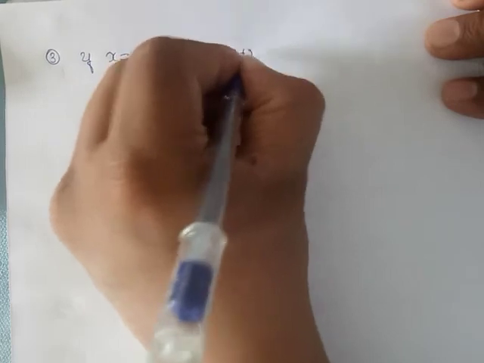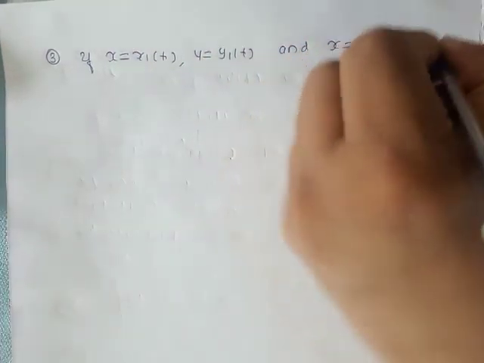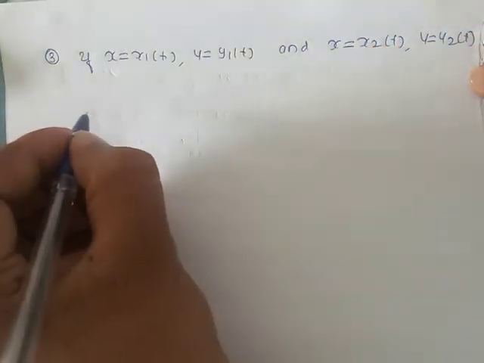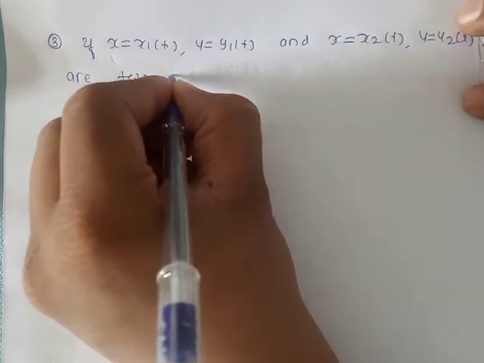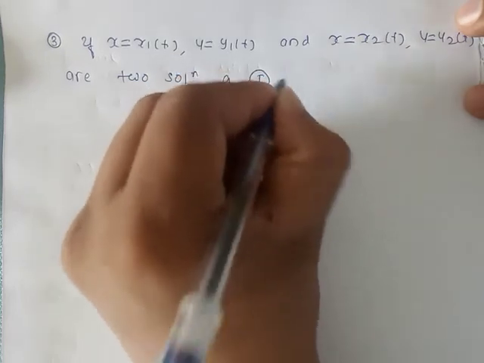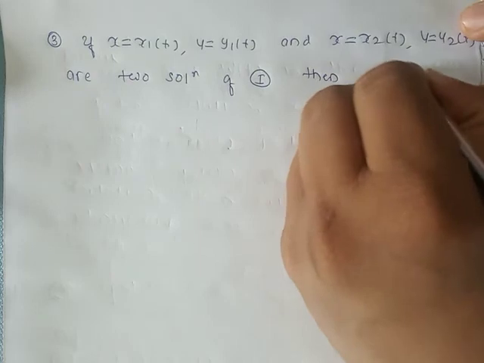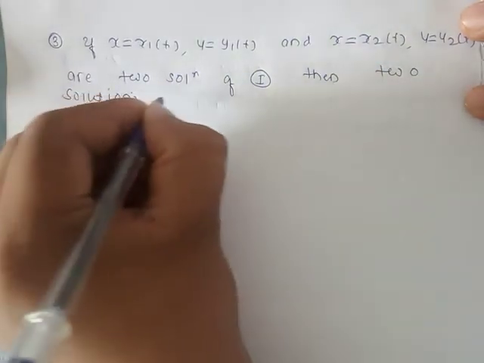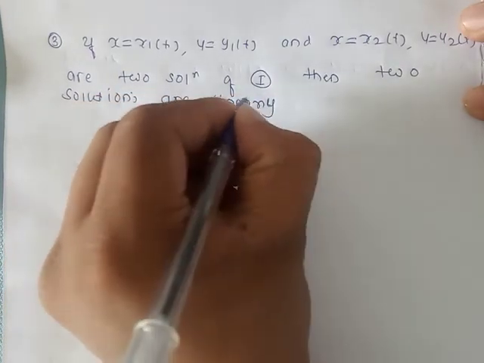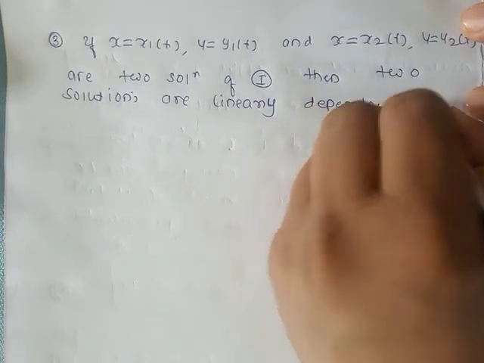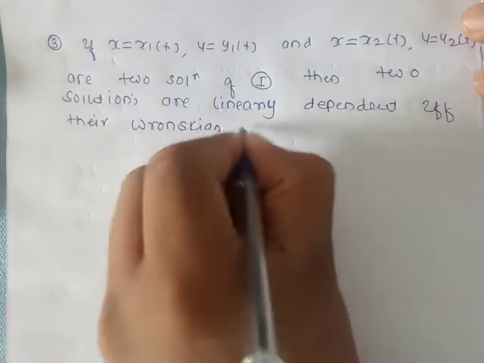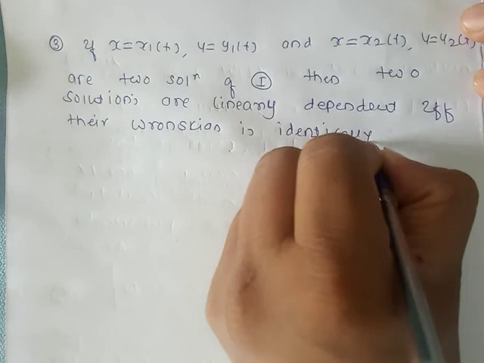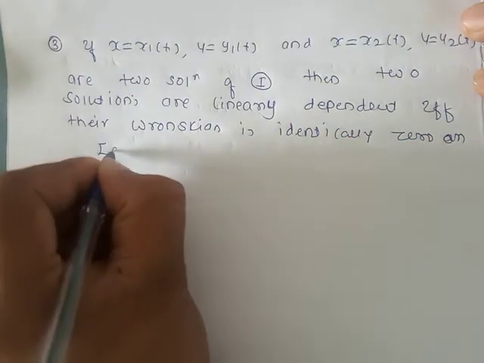Now if x is equal to x1 of t, y is equal to y1 of t, and x is equal to x2 of t, y is equal to y2 of t are two solutions of 1, then the two solutions are linearly dependent if and only if their Wronskian is identically 0 on the closed interval a b.